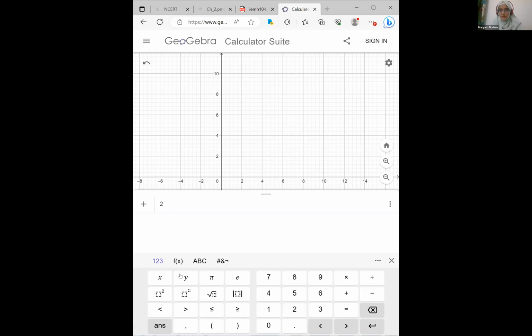So 2x plus y. And if you want, you can play around with this by yourself. It's called geogebra.org slash calculator.